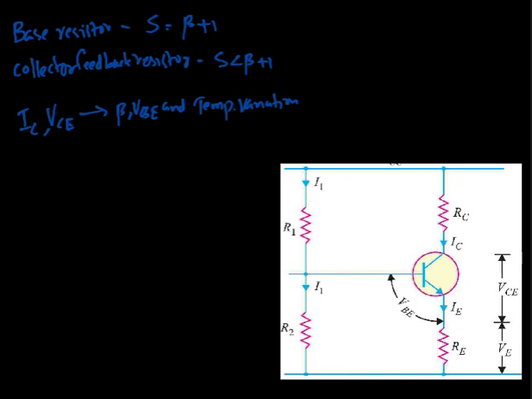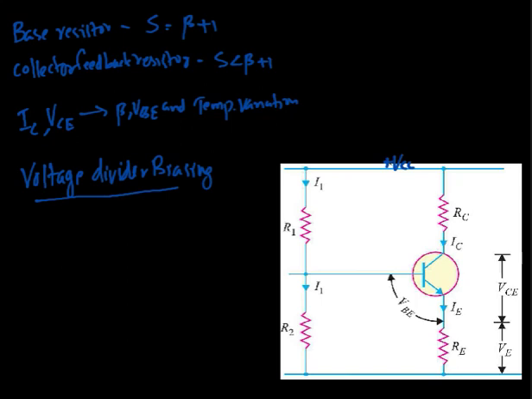Such stability with a proper biasing circuit is ensured by a new type of biasing, which we call the voltage divider biasing, or potential divider biasing. The circuit of transistor biasing with voltage divider arrangement is given in this diagram.